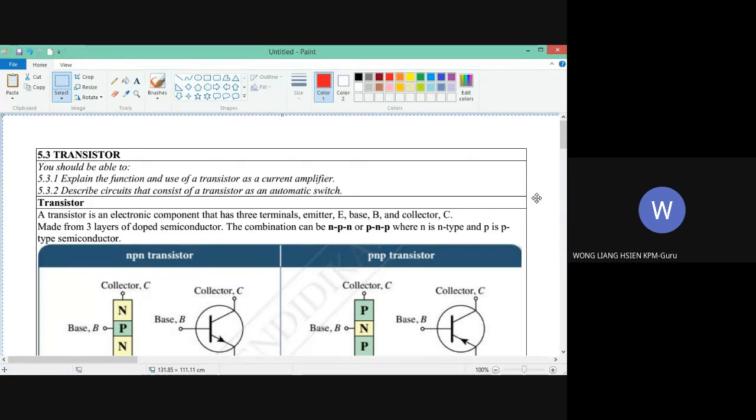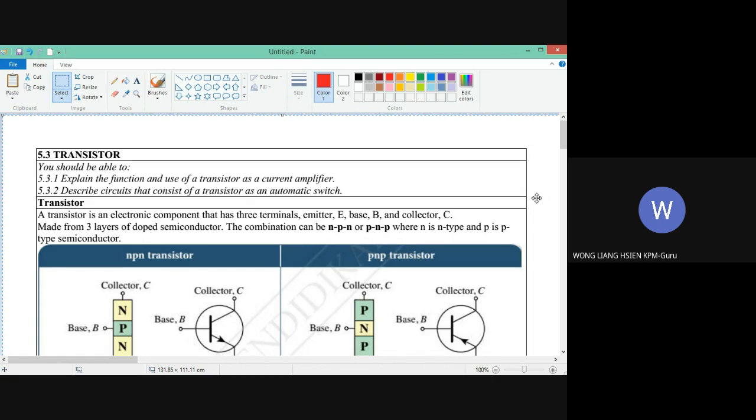Okay, so yesterday we discussed the semiconductor diode. A semiconductor diode is made from two pieces of semiconductors, one N-type and the other P-type. We stick them together, and along the junction, the boundary between the N-type and P-type, it will have a depletion layer.